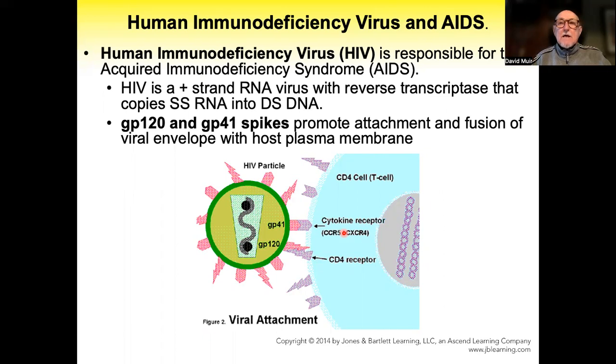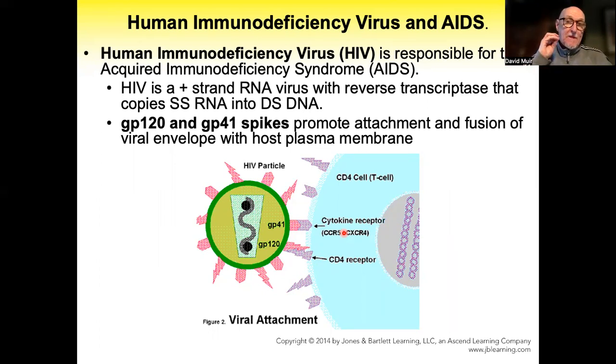AIDS is an immunodeficiency disease, but it is not a spontaneous disease that can occur; it is due to an infectious agent. And HIV is a positive stranded RNA virus, but it is different to other positive stranded RNA viruses in that it is not read off as if it was messenger RNA by the host cell.